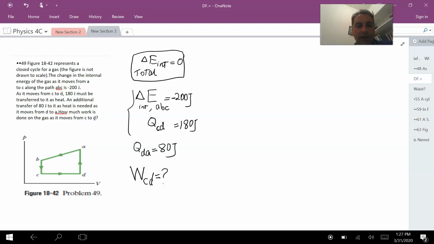So we know one thing that we can write: the total work done in path ABCD is equal to work done in the path of AB, plus work done in the path of BC, I break all sections, work done in the path of CD, work done in the path of DA.